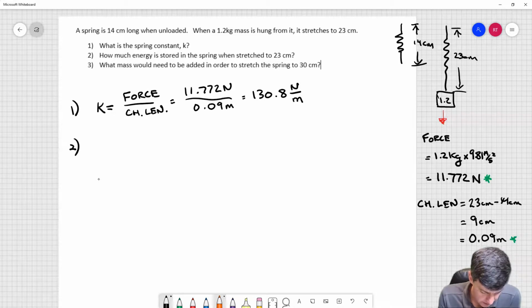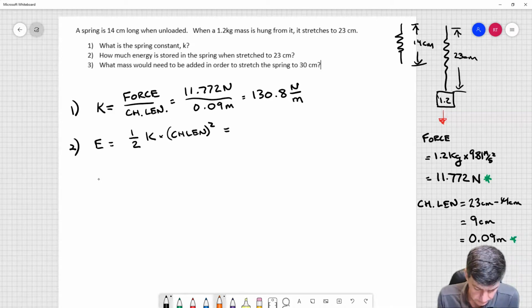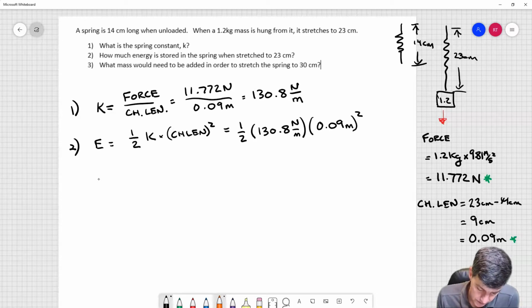Number two, energy is going to be equal to 1/2 K times my change in length squared. So 1/2 times 130.8 newtons per meter times 0.09 meters squared.